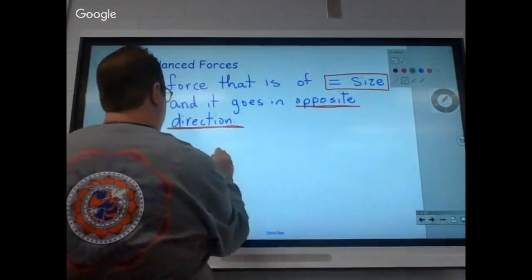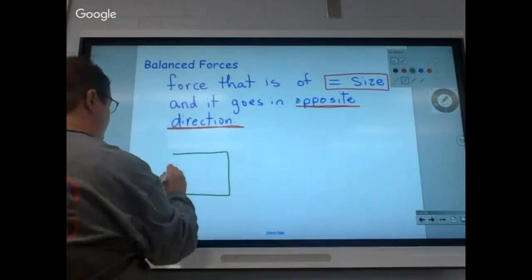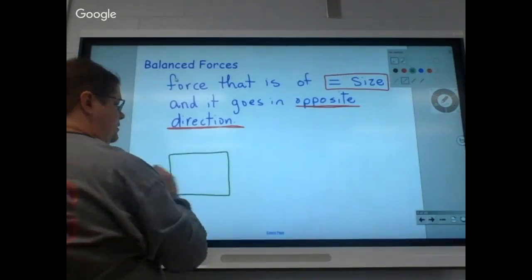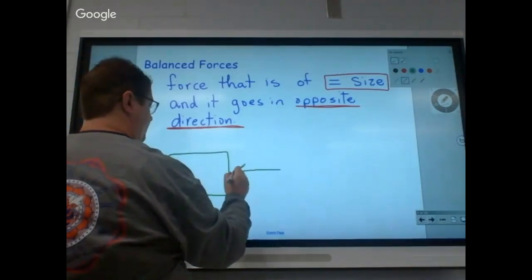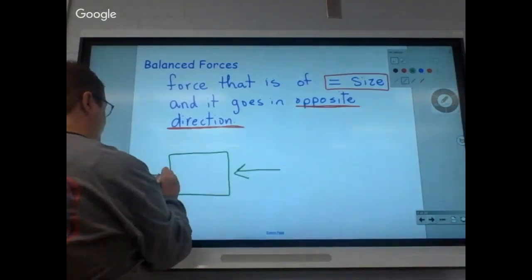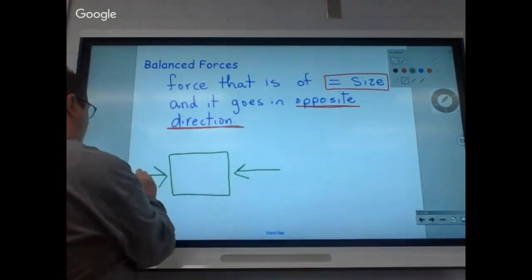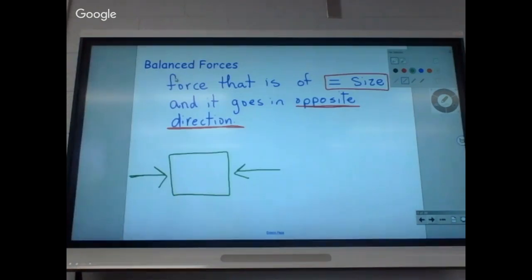So if I have this, can we agree that my arrows are in opposite direction? So what do I know I have to do to the size of the force? They had to be equal, right? So give me a number, Nigel. 4. All right.